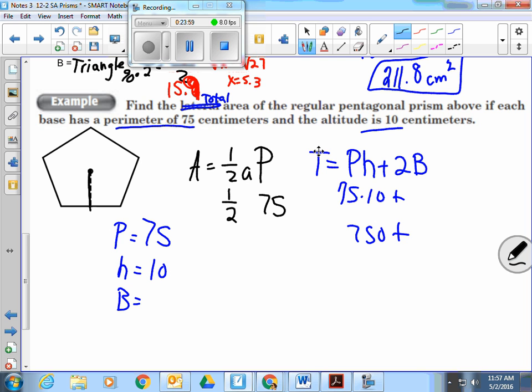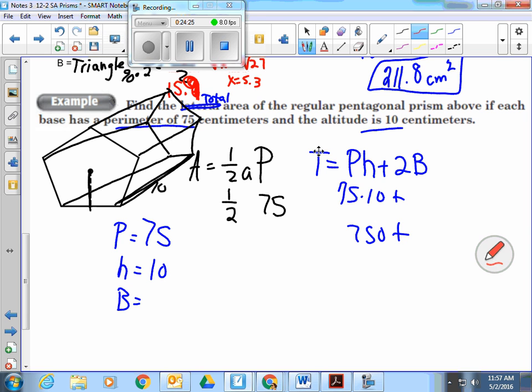Okay, but be careful. When it's talking about the big shape, remember this is a prism, right? So this is the shape that they're actually looking at, and this line right here is 10. The altitude of the prism is 10. 75 divided by 5.